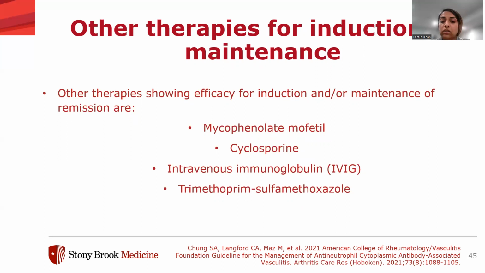For Bactrim, the guidelines actually recommend a lot of other therapies over it, and they state that Bactrim may only have a benefit for patients that have sinonasal involvement. The guidelines recommend other therapies over Bactrim just because Bactrim has severe hypersensitivity reactions, and it does have a drug-drug interaction with methotrexate. So that's just something to note.